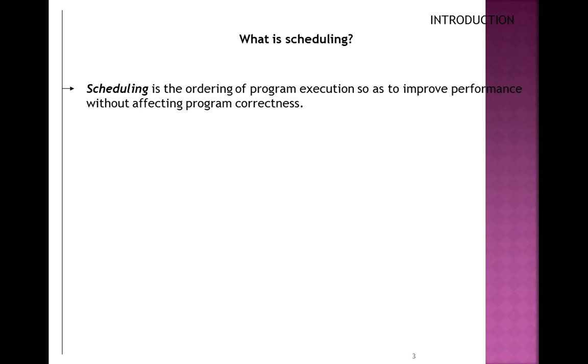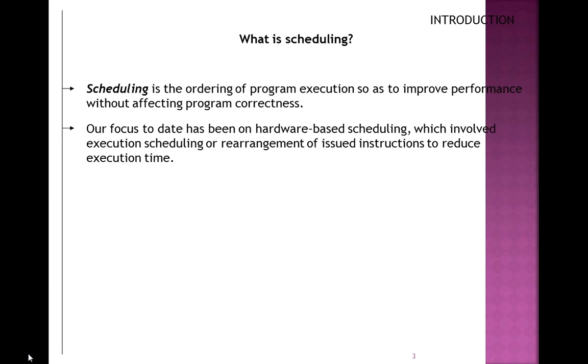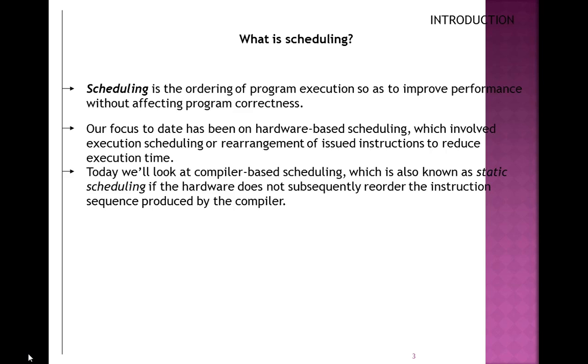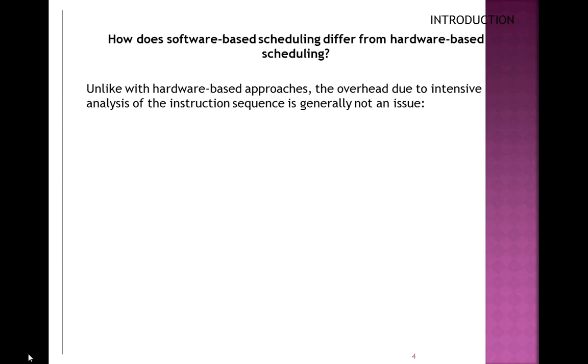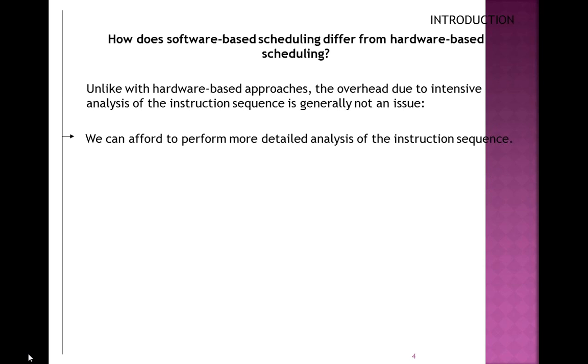What is scheduling? It is rearranging or ordering the program execution to improve the performance of the program without affecting accuracy or correctness. We discussed multiple ways and how software based scheduling is different from hardware based scheduling. There are two types of scheduling, one is software based, one is hardware based, and how they differ from one another.